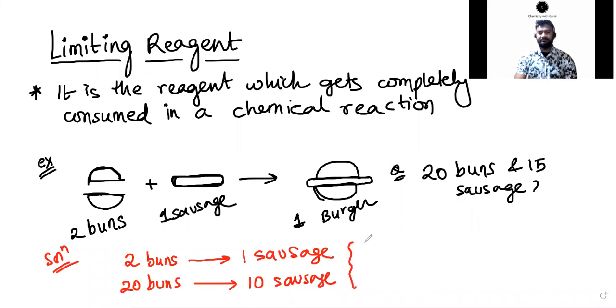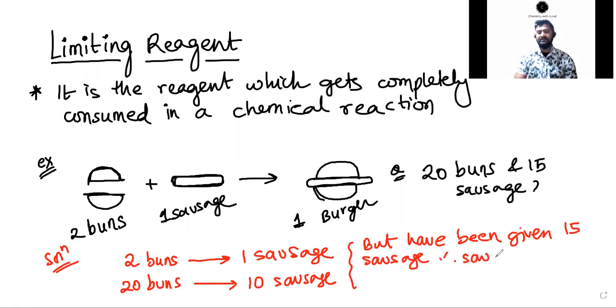We have been given 15 sausages, right? That means sausages are extra, or in excess.